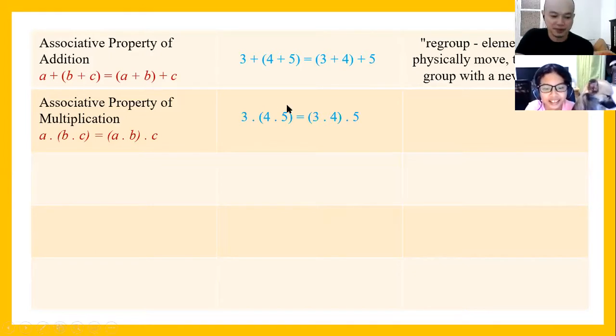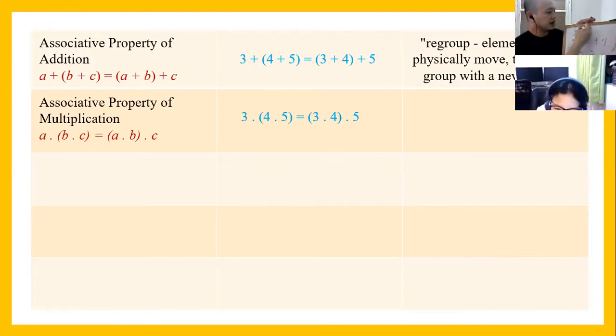4 times 5. What is the value? 20. Yes. Times 3, 20 times 3 is 60. All right, so you have 60 on this side. What about 3 times 4? 12. 12 times 5.